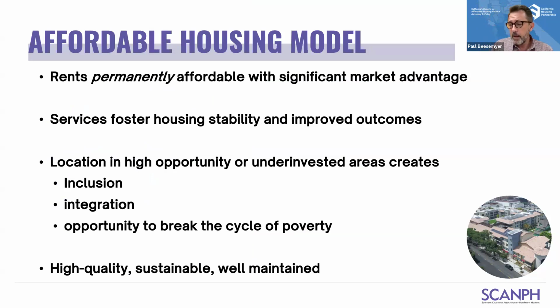But I was just spot checking a few projects that we're working on last night, and on average, the rents on those developments targeted to families are 50% less than market, and in some cases even less than that. So we're talking about a genuine public benefit that's being provided in the form of lower rents.